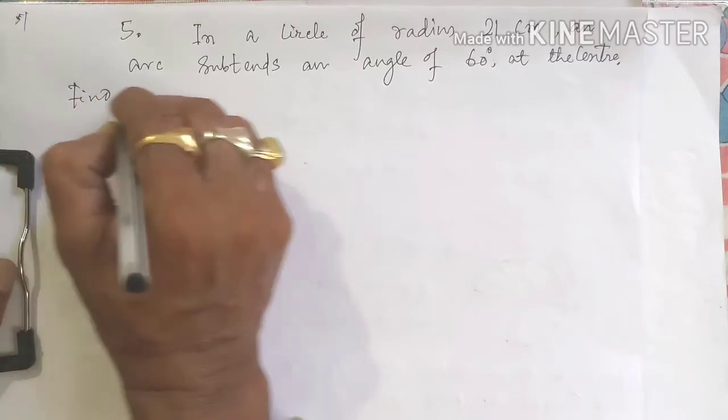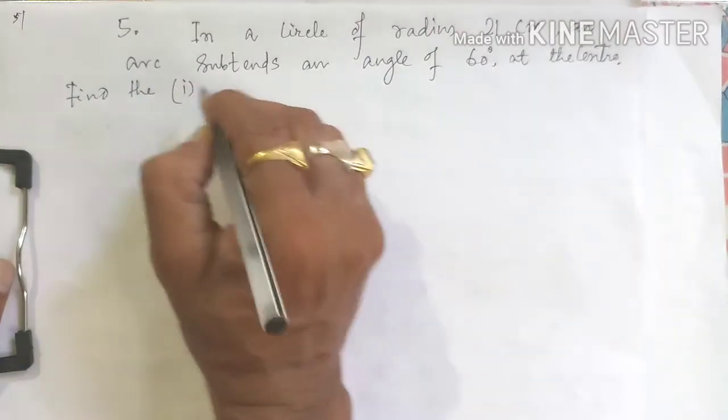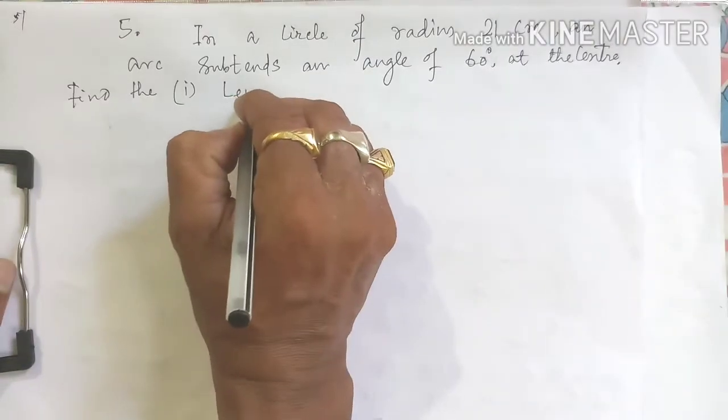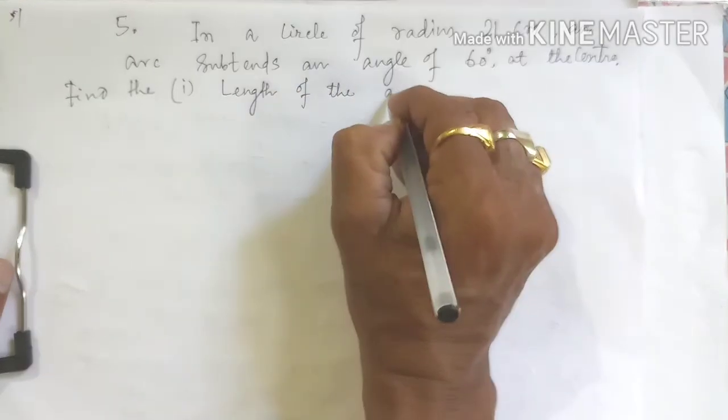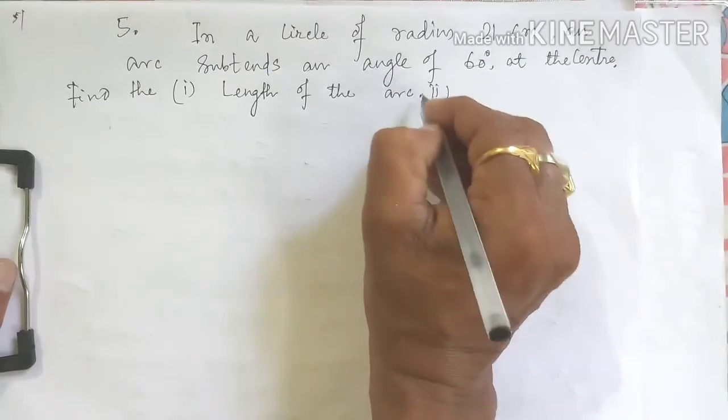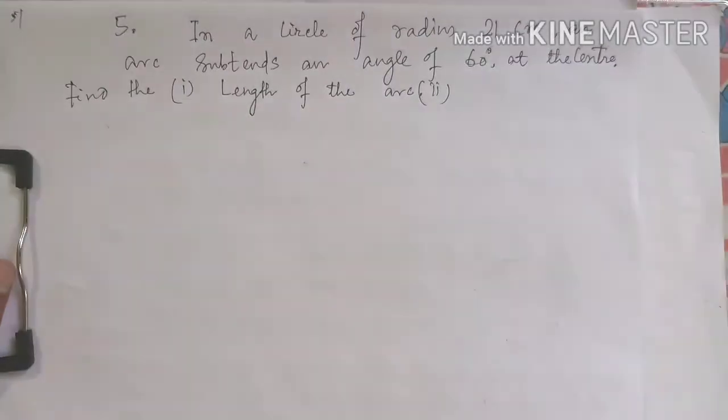Find the length of the arc and area of the sector formed by the arc.